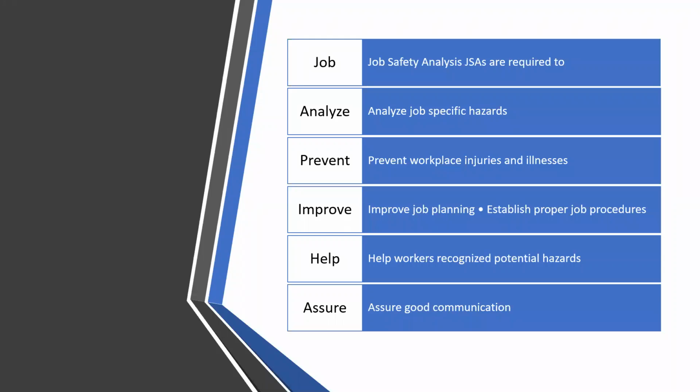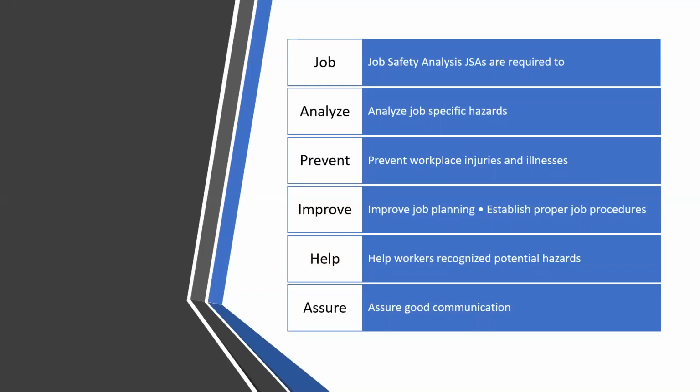So when we're talking about a job safety analysis, JSA, they're required to do many things as far as getting them to be useful for you. In the requirements for the JSA, you have to analyze the job-specific hazards. That's the first main category, and that will have to be done in order to get you further along in the process.